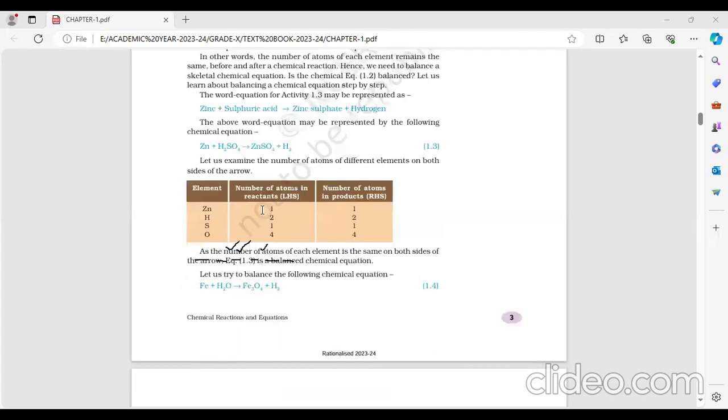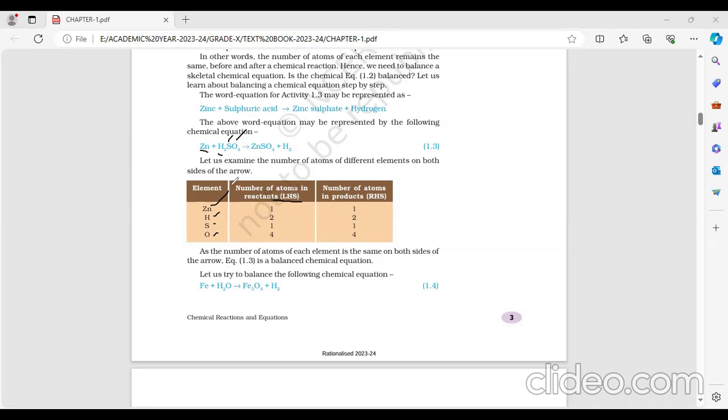Here it is given in tabular form. In this table, first he has written all the elements present in the chemical equation: first zinc, second hydrogen, third sulfur, fourth oxygen. The left hand side is called reactants.